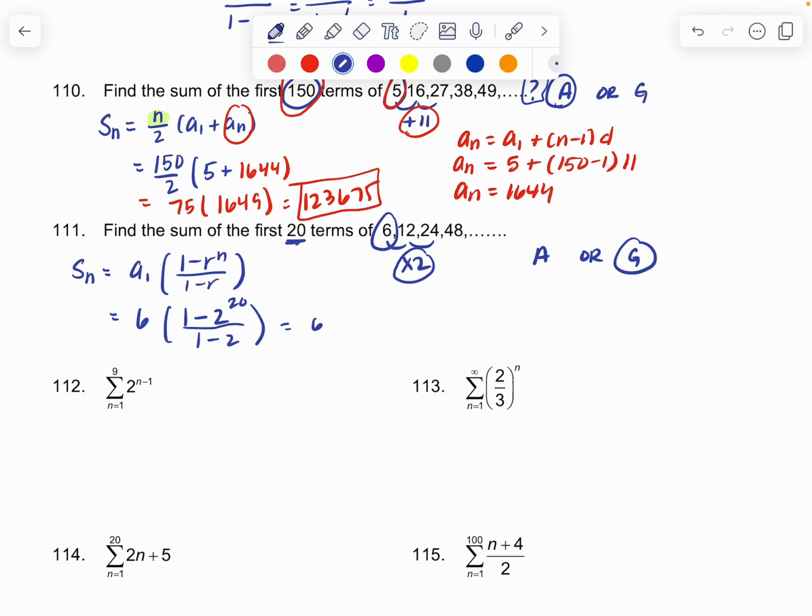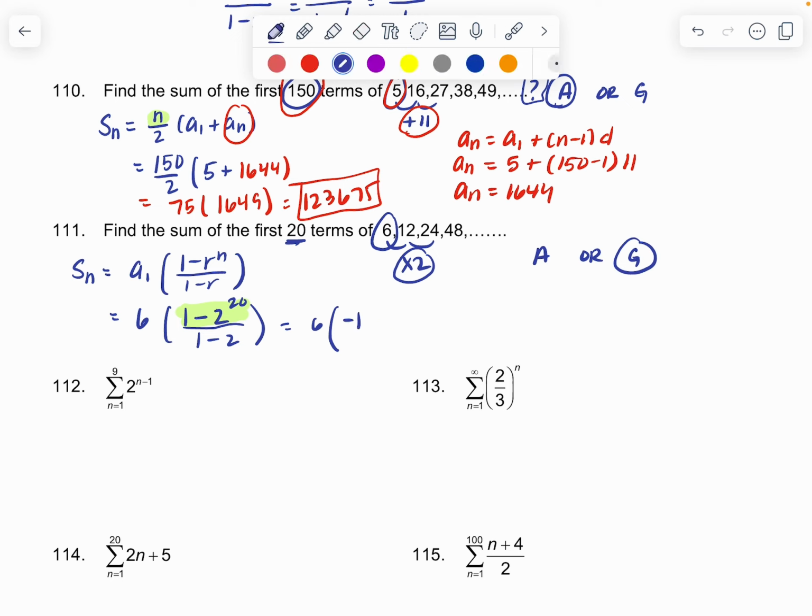Okay, so you guys, I'm going to type in this part first onto my calculator, the 1 minus 2 to the 20th. So let's do that. 1 minus 2 to the 20th. And for that, I got negative 10485. Okay. I'm writing with the highlighter. Sorry. Let's try that again.